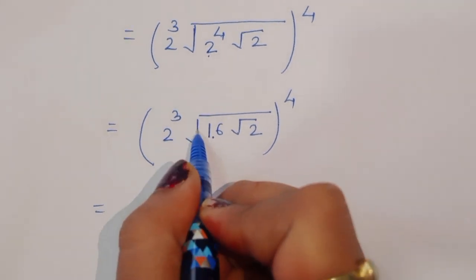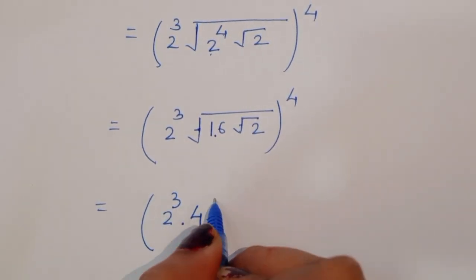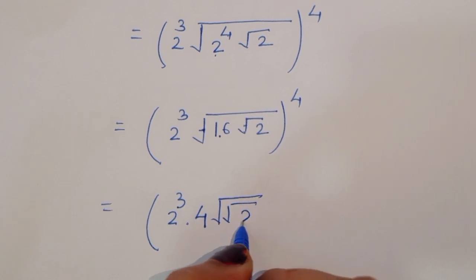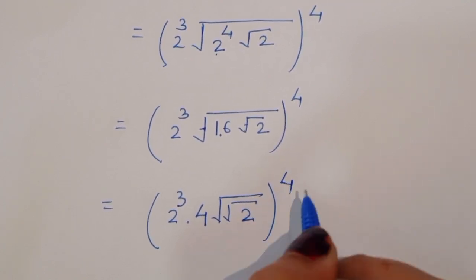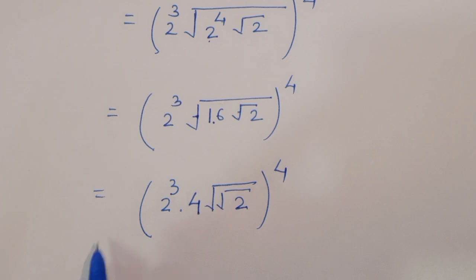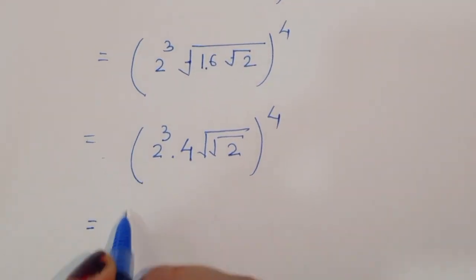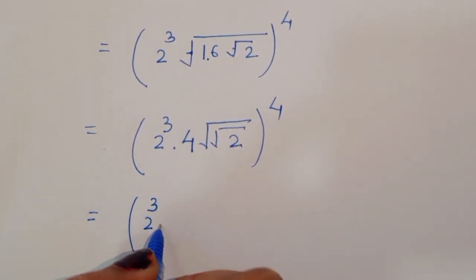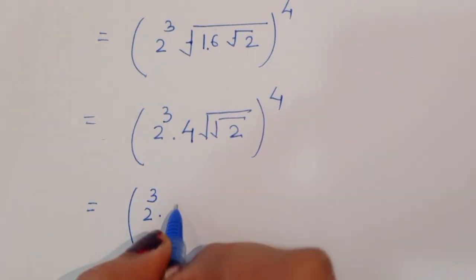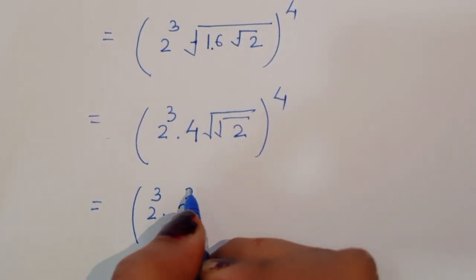And here this is square root and this is square root. So square root under square root of 2 power 4, right? Now this is equal to 2 power 3 times this 4, which we can write in power form, so 2 power 2, right?